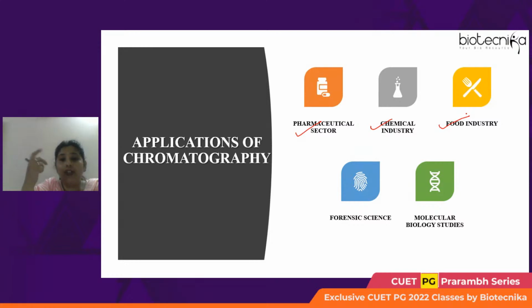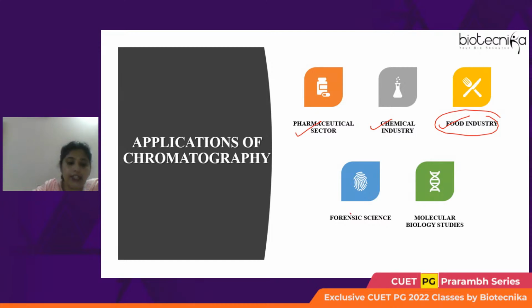But nowadays, there's a lot of adulteration, and these coloring agents should be used within a specific limit. If you overuse them, they will definitely cause health problems. So even in the food industry, for analysis of these coloring agents, TLC is widely used, and other chromatography techniques you can use too.